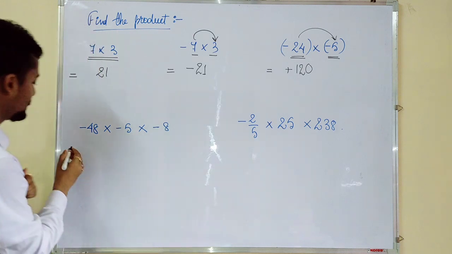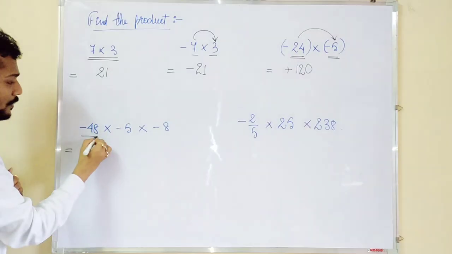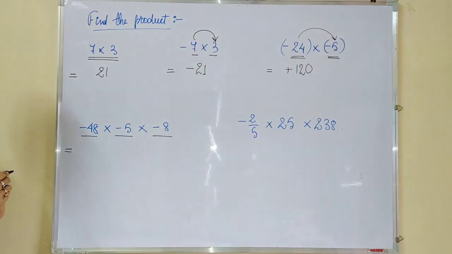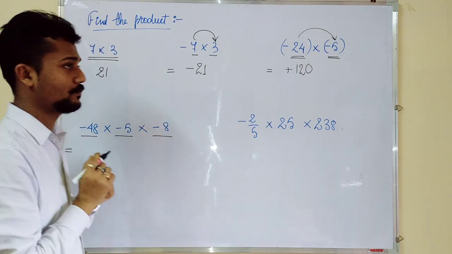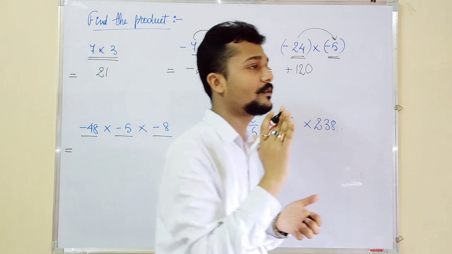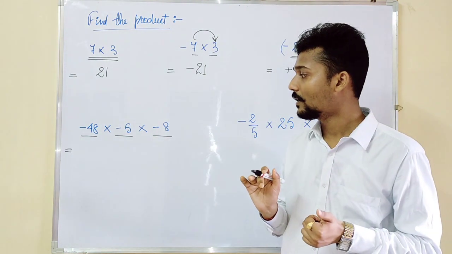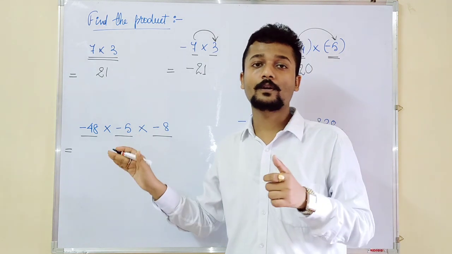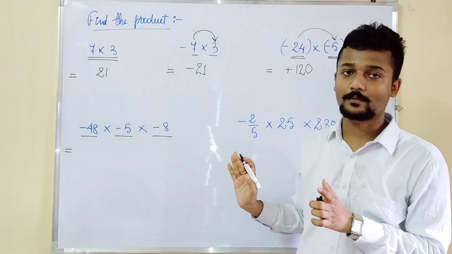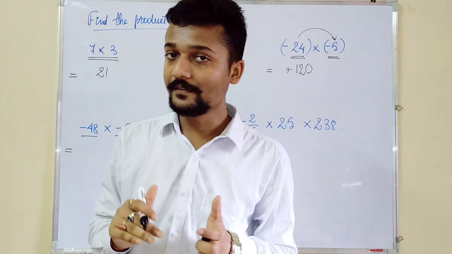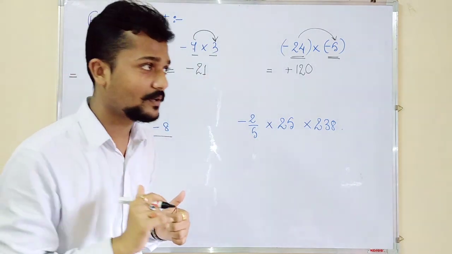Okay? Next, minus 48 into minus 5 into minus 8 is equal to how much? So here what we will do first, if you want to do the calculation orally, there is an option, or if you want to calculate it manually, there is an option. So you have to see the question properly, identify the type of question, and then do it.